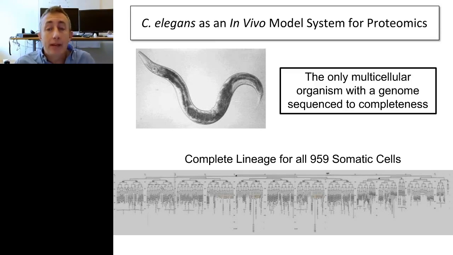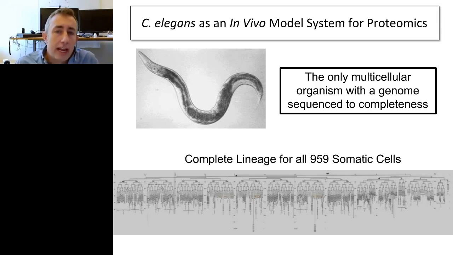By completeness, I mean all chromosomes were sequenced from telomere to telomere without any gaps whatsoever. It was a huge tour de force and a monumental effort. It was also the only organism for which we knew the complete lineage for all 959 somatic cells. John Sulston received the Nobel Prize for this work.